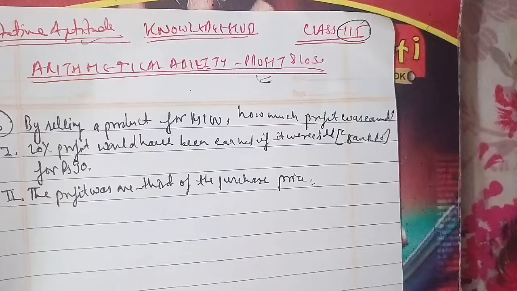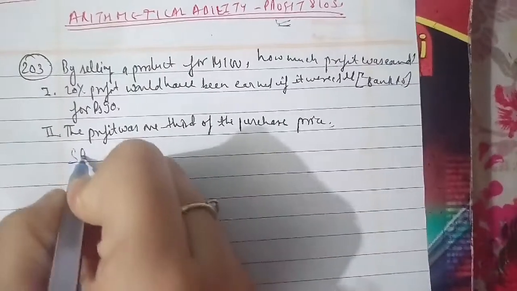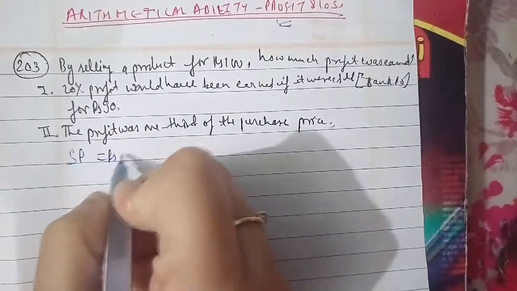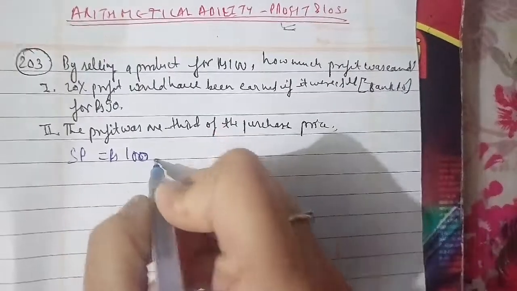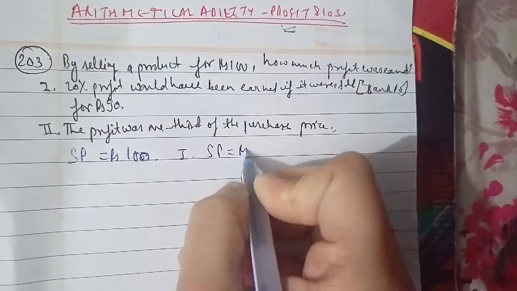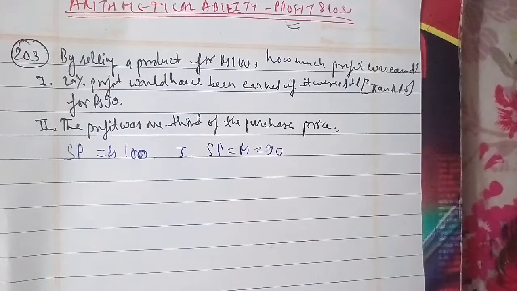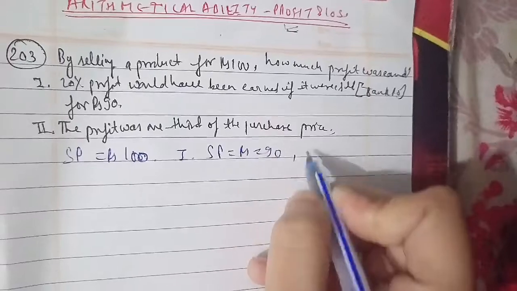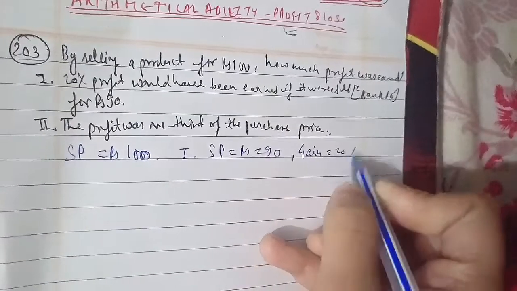Let me talk about it. Selling price is equal to rupees 100. The first statement states that when SP is equal to rupees 90, gain is equal to 20%.